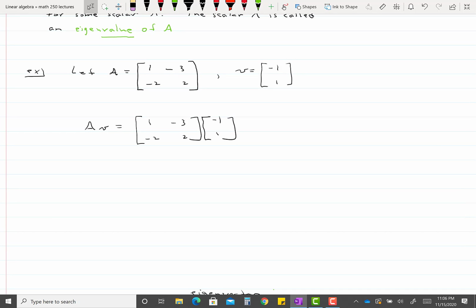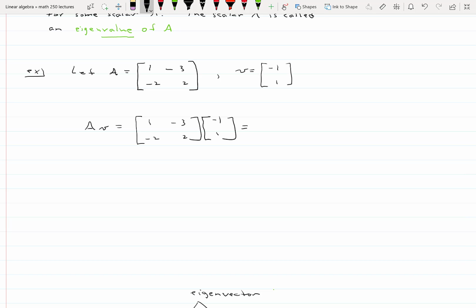If we multiply this matrix times a column vector, we get the column vector -4, 4.